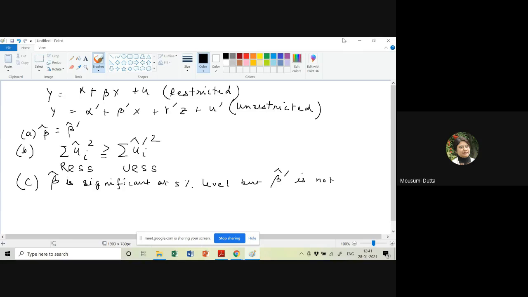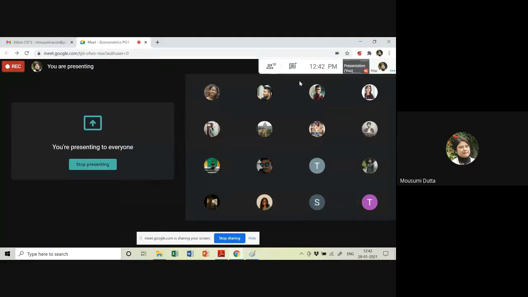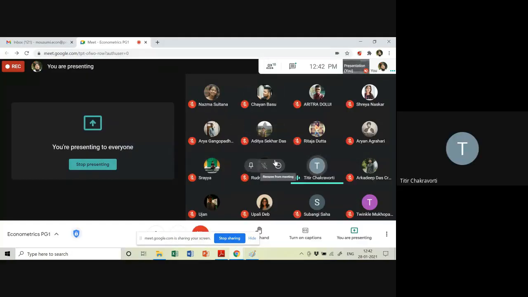Why? Ma'am, in the first model maybe it can explain a bit more, but it cannot be that it becomes insignificant in the second model. Anyone else? Any other idea? Yes, Titir is giving some justification. Anyone else?